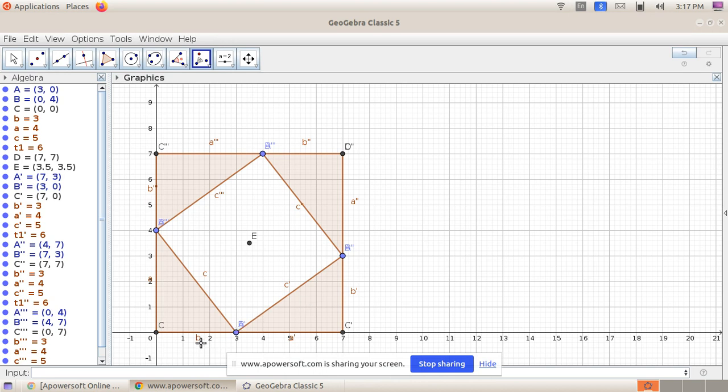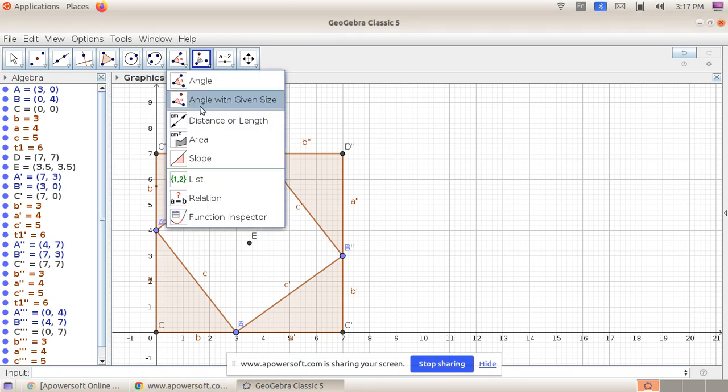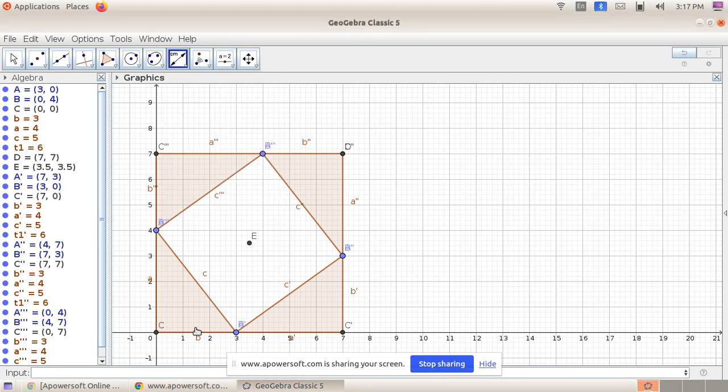So here we have the length of B as 3. So I'm going to mark it again, length of B as 3, that is distance or length. So here we got B equal to 3, here we got A equal to 4.